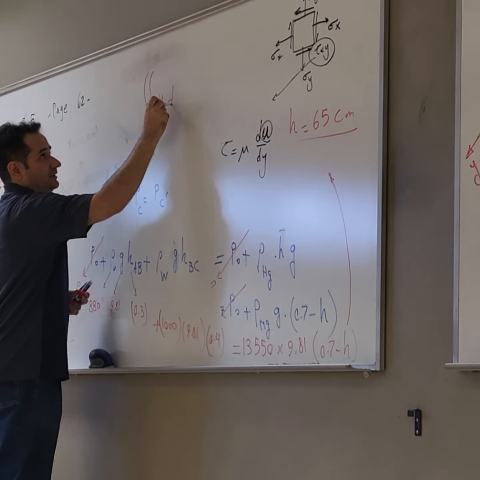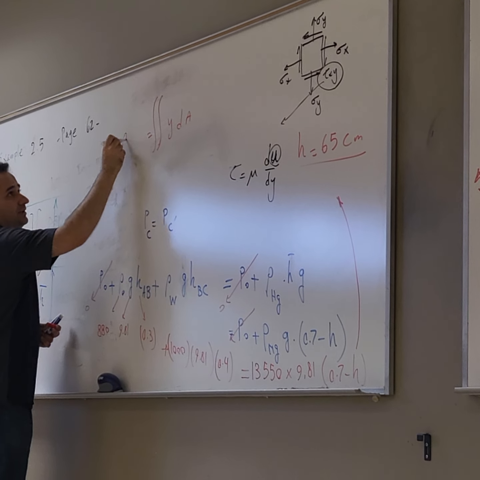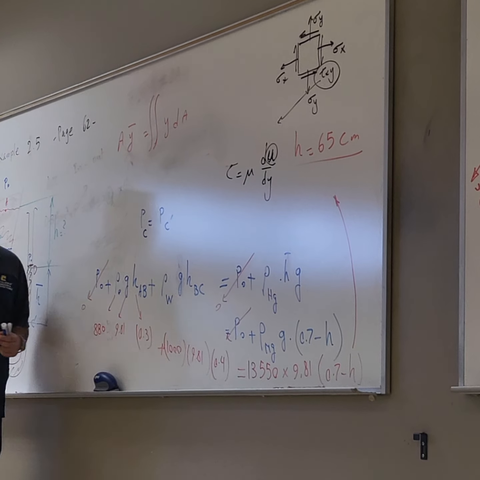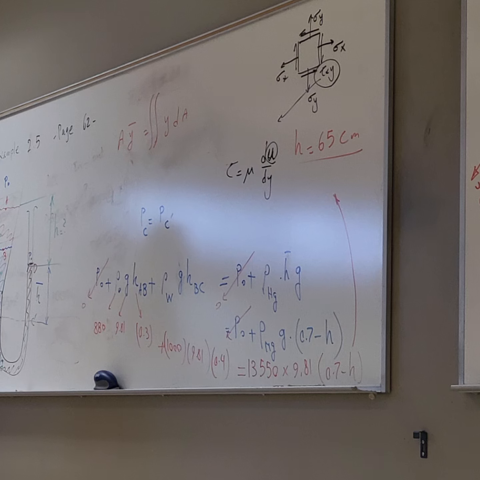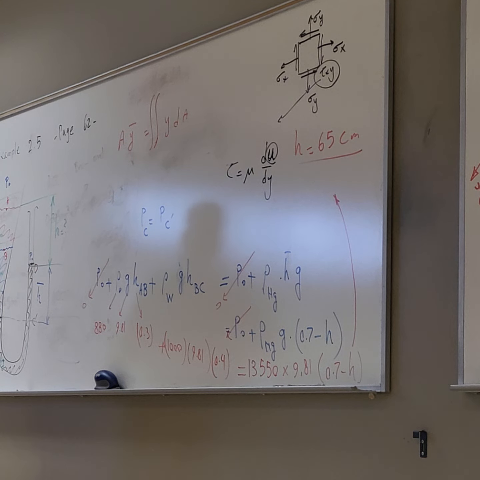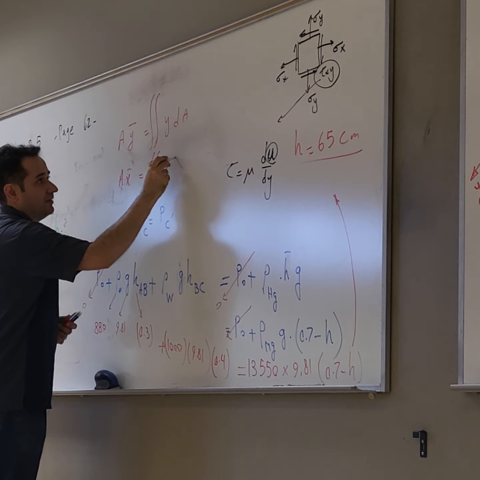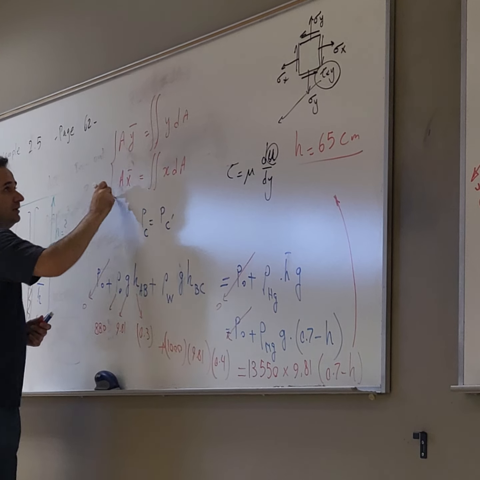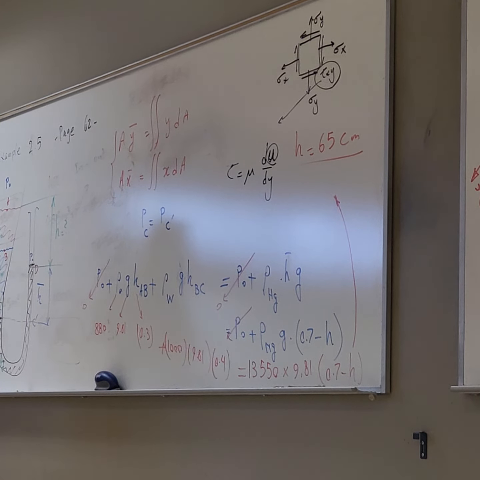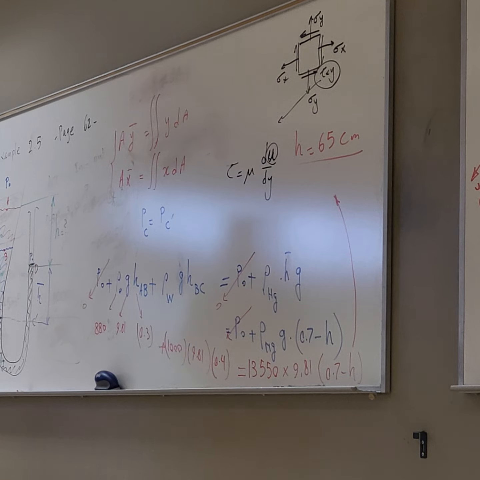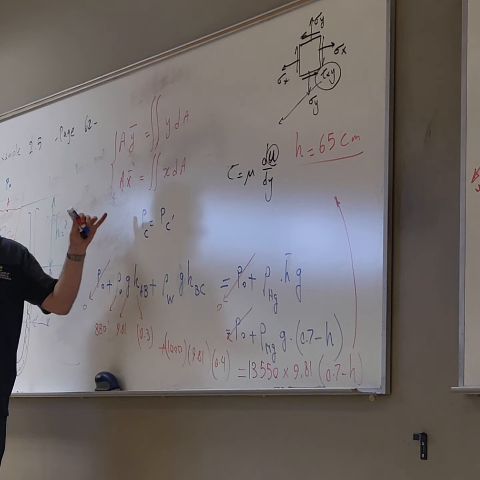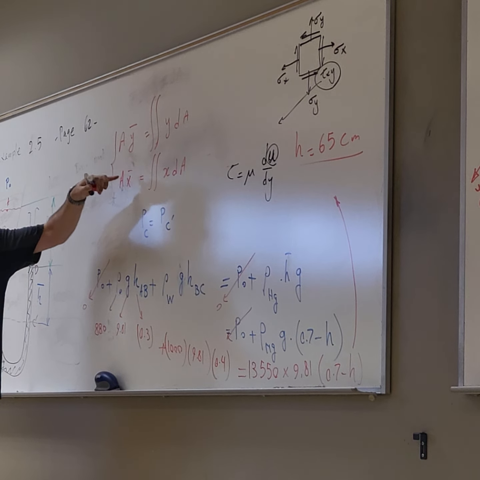The integral of y dA is equal to A times y bar. What was that? The y location of the centroid. Right? We had that in vector statics, and also A times x bar is the integral of x dA. We had this in vector statics, chapter 3. Right? We had the centroid. Now you have the book, so you can go back and review that because we need it in this course.